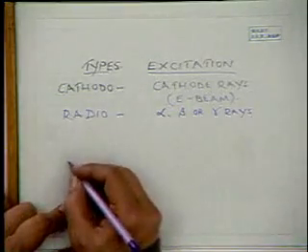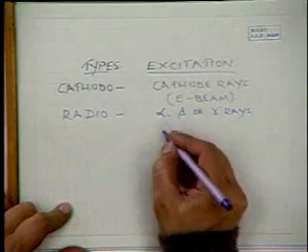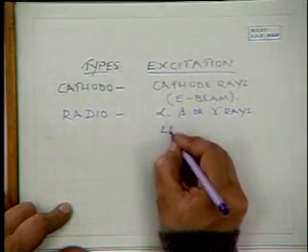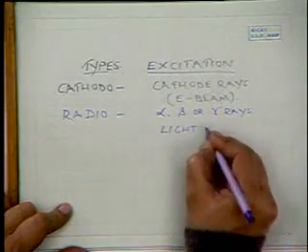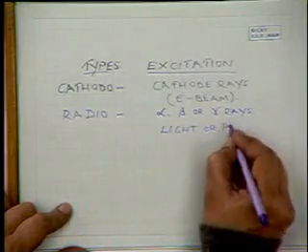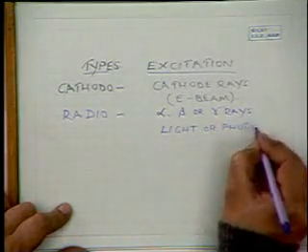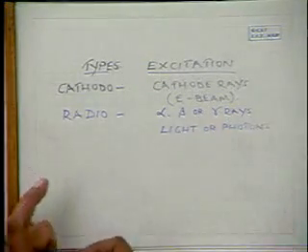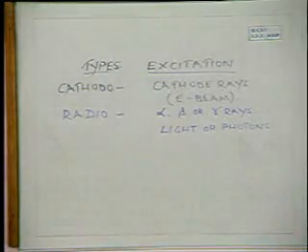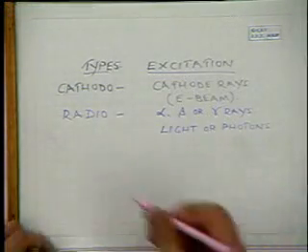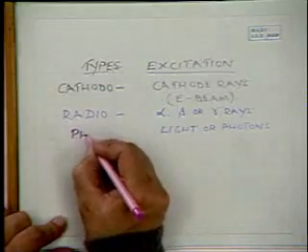Then there is luminescence due to light or photons, which create the electron-hole pairs, and this is called photoluminescence.